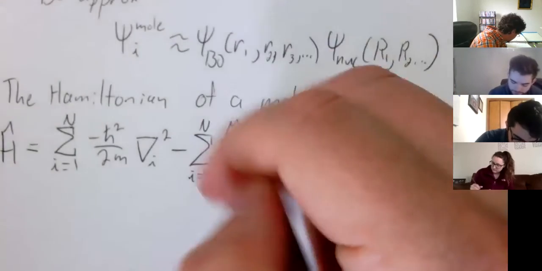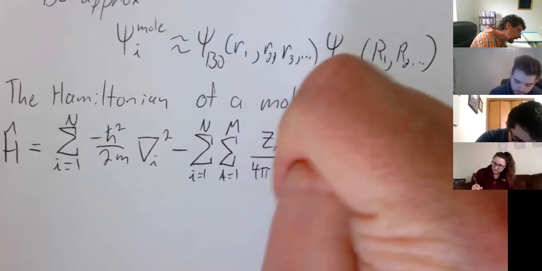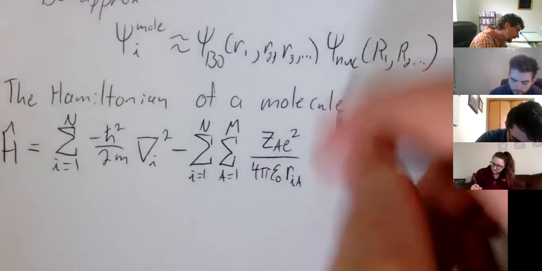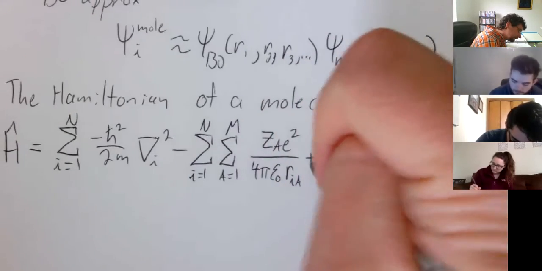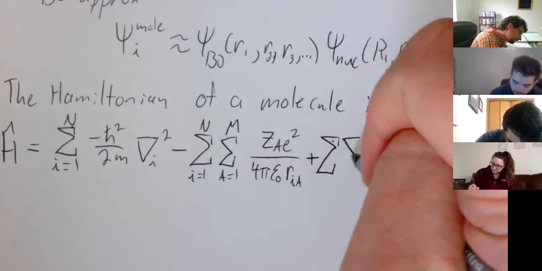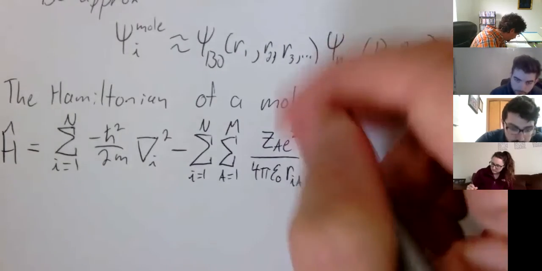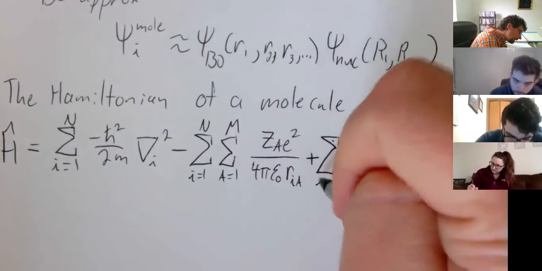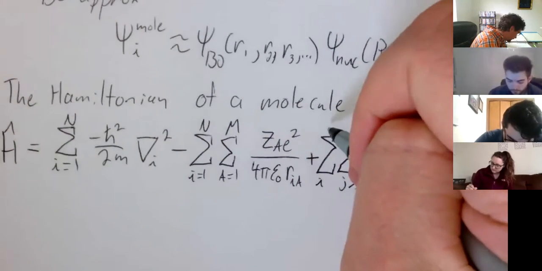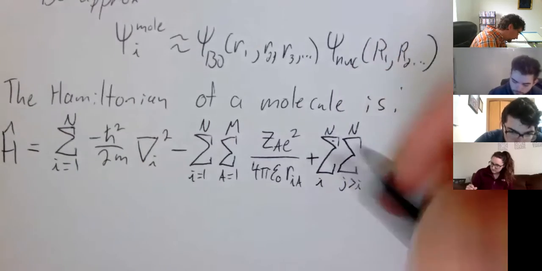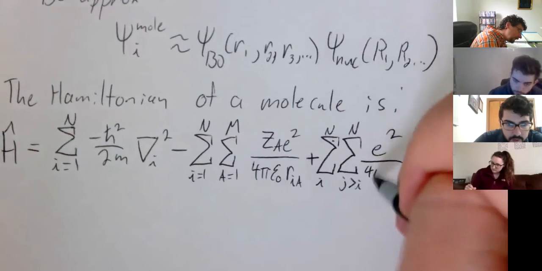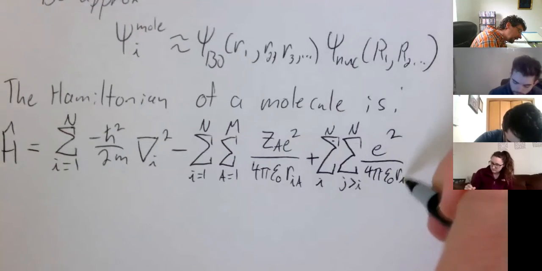E squared over 4 pi epsilon naught R_iA, I J is greater than I, and E squared over 4 pi epsilon naught R_ij.